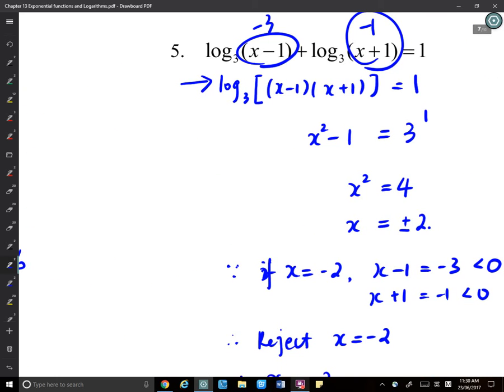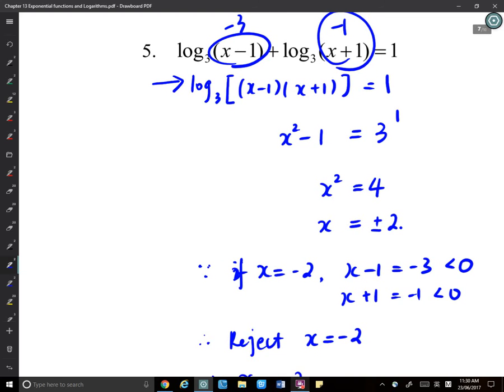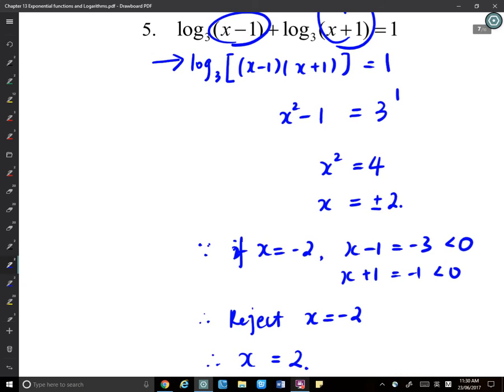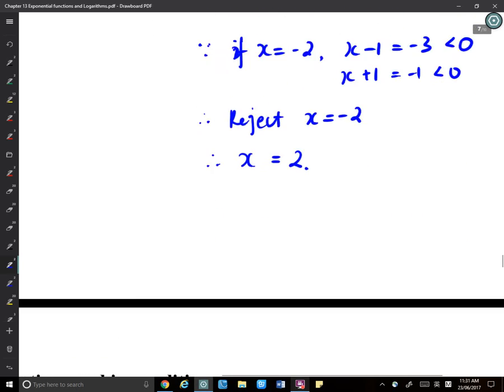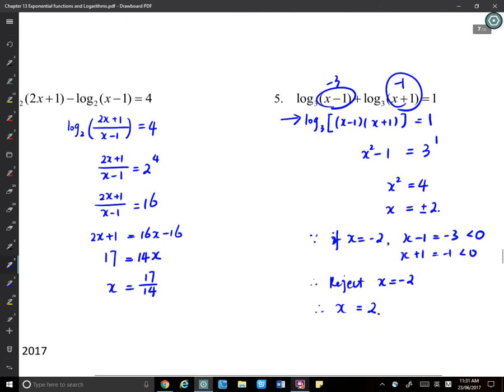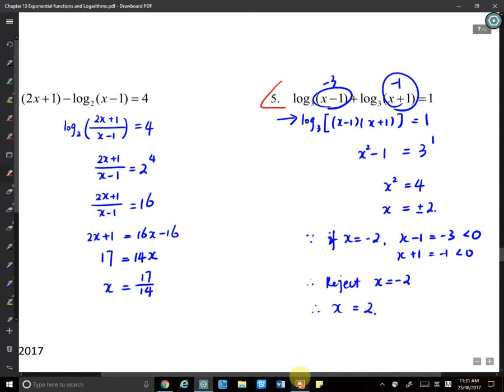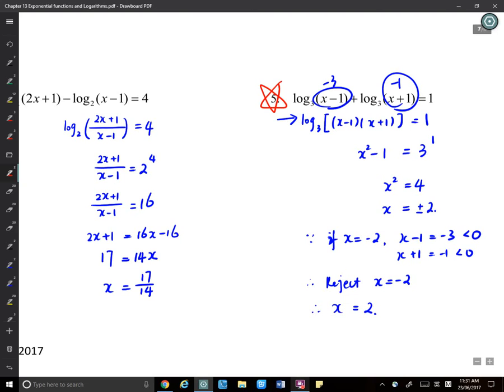I can't say all, but about 90% of them will have 2 solutions, and you need to reject one. That's something you need to know, which is very important for example 5.